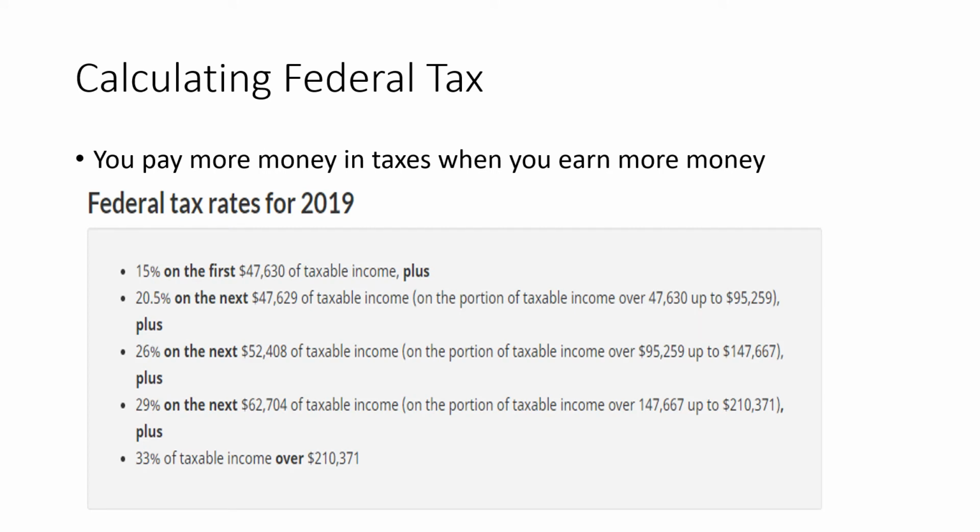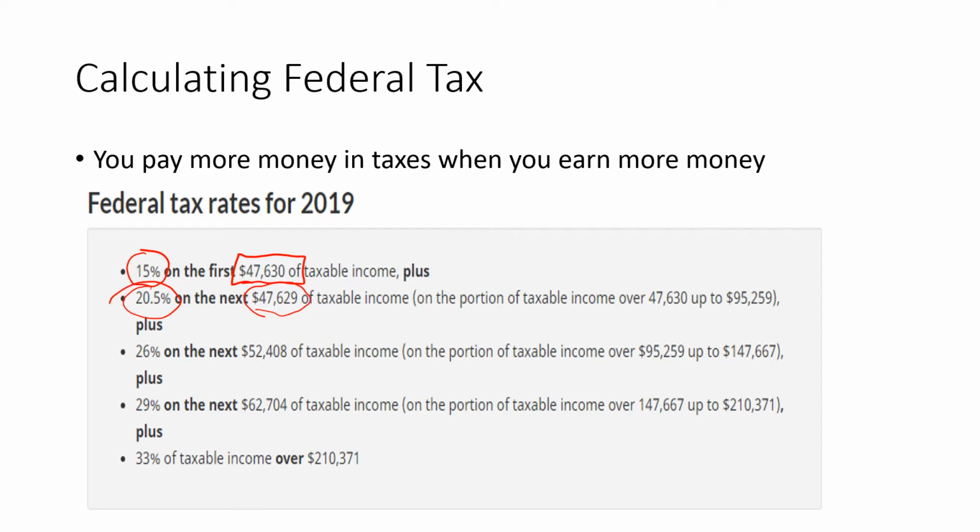We have a tiered system where on the first $47,000 you make, you pay 15%. And the second chunk, $47,629 (I'm rounding it here), you pay at a higher rate. You pay 20.5%, and then so on and so forth.